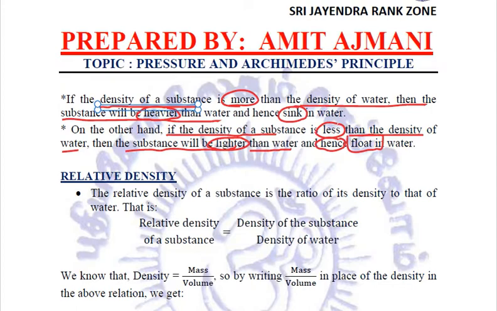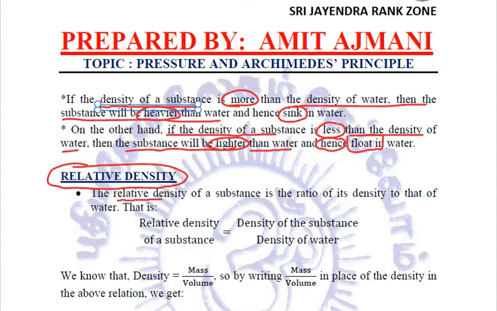Right? Now, what is the density of a substance as compared to the density of water? For this, we calculate the relative density of any substance. What exactly is meant by relative density? Let us try to understand.